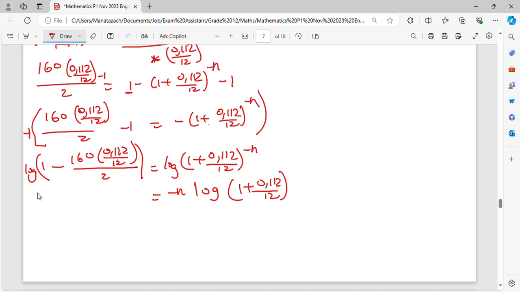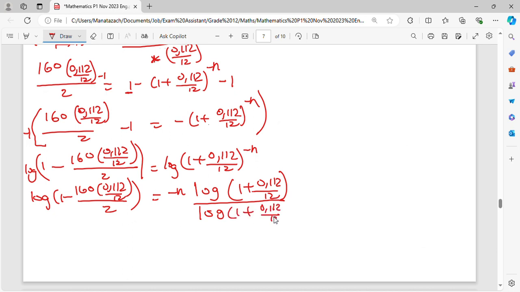Then the left hand side, you still have log of 1 minus 160 times 0.112 over 12, everything divided by 2. Now I'll divide both sides by the log, getting rid of this log here, including this side by the very same number. Then remember on the right hand side I still have minus n.